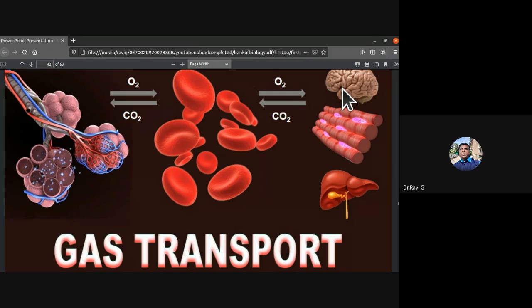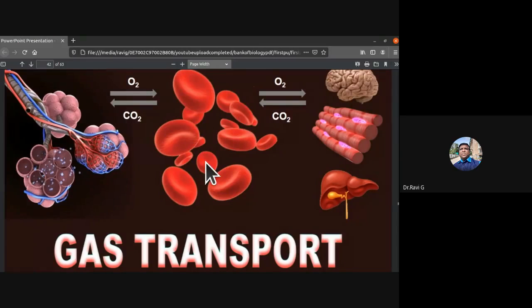You already know about the partial pressure of oxygen at different levels. They are different. Because of this partial pressure gradient, there is exchange of oxygen and carbon dioxide that we have noticed. The carbon dioxide is more in the tissues and it diffuses into the blood.